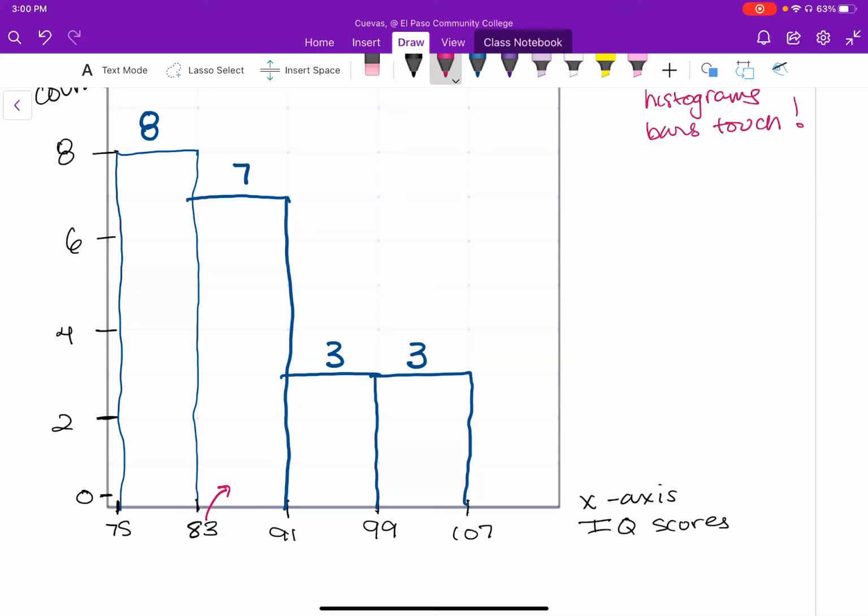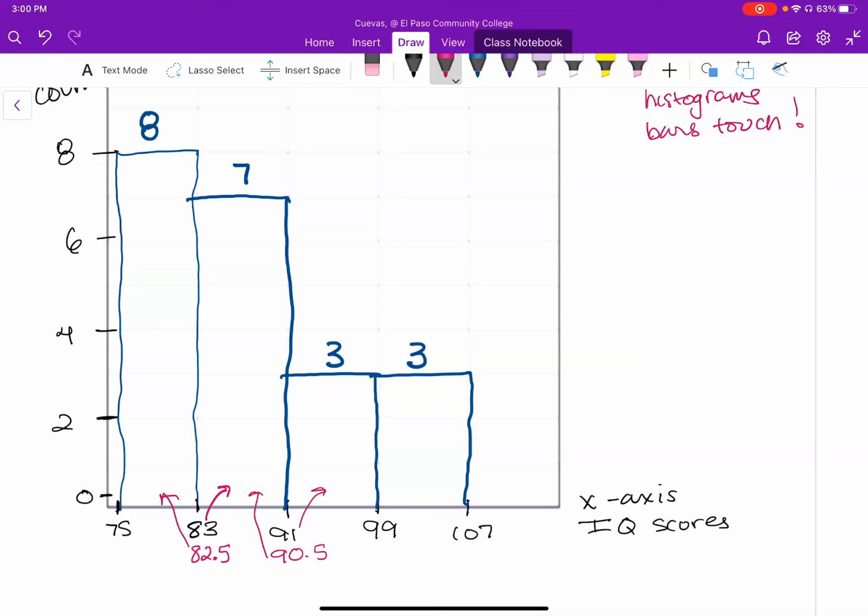So some instructors, some books don't want you to use 83, and they would actually use something like 82.5. And that 82.5 would belong to this bar. Instead of 91, they would use 90.5. So the 91 would belong here, and this one belongs here.